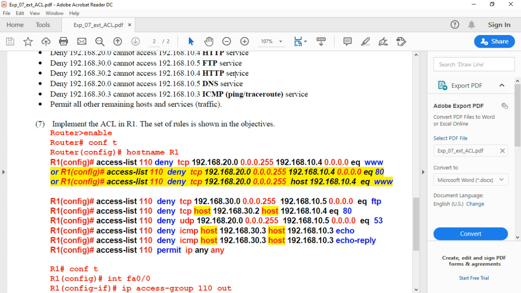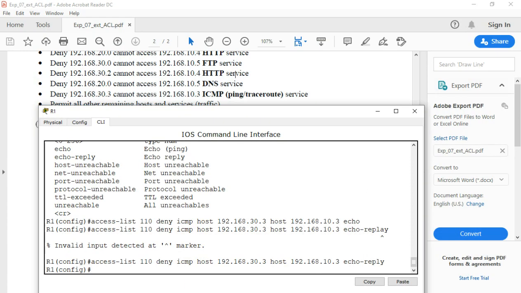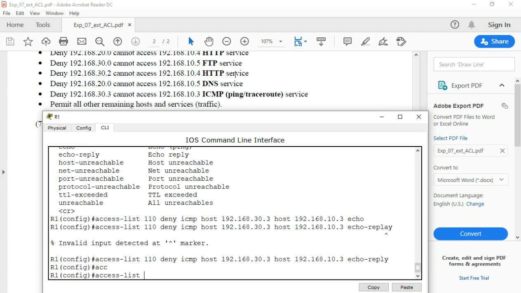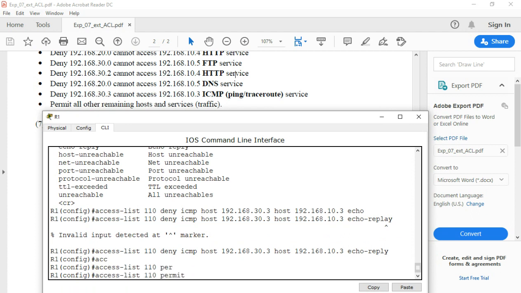Okay, so now we have configured all things. Now we need to permit all other services, so we need to specify the services again. Let's return to this router. Permit all other services, access list 110 permit this time, IP, any IP addresses, any destination.